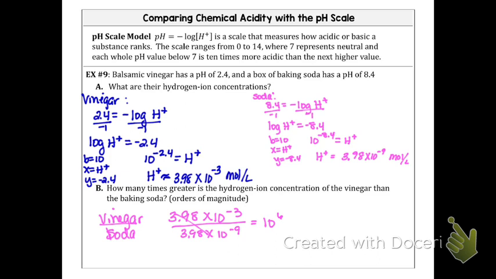And it tells us we're after the orders of magnitude. So remember, orders of magnitude is the exponent on the 10. So vinegar, because it was on top, is 6 orders of magnitude greater than soda. And that is the end of lesson 9.